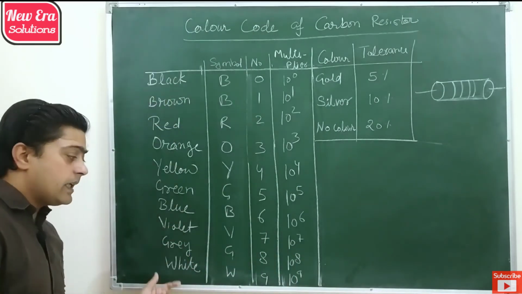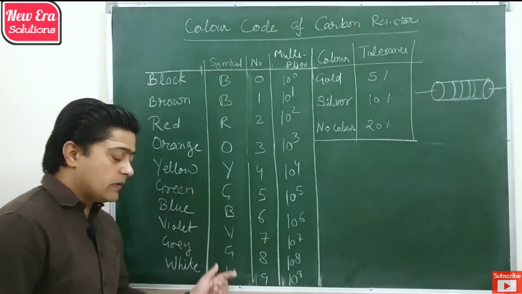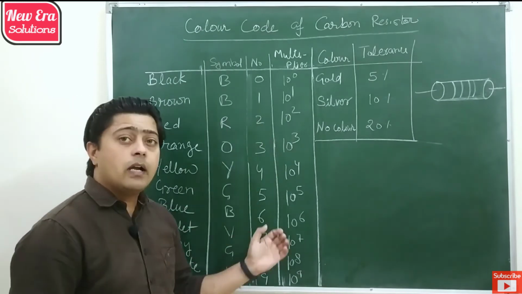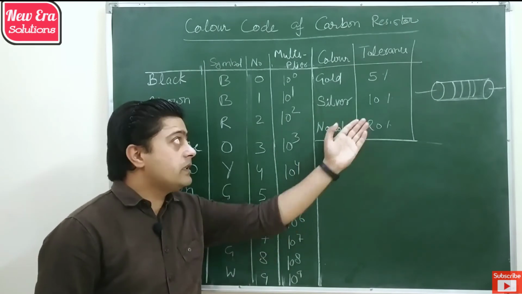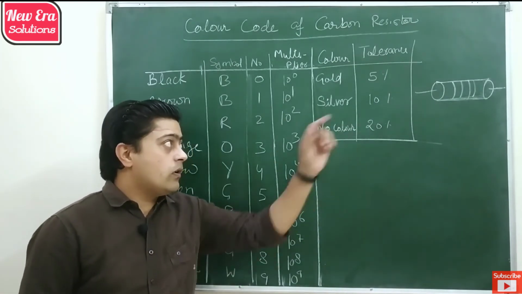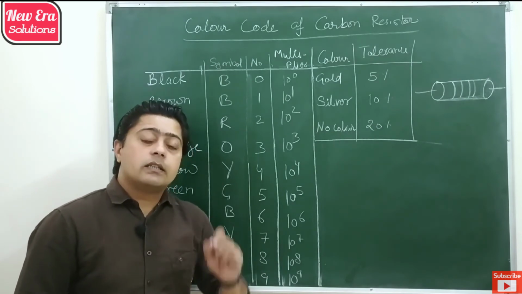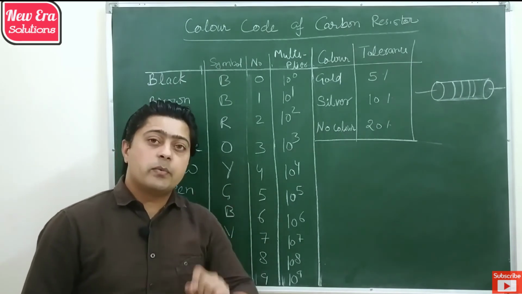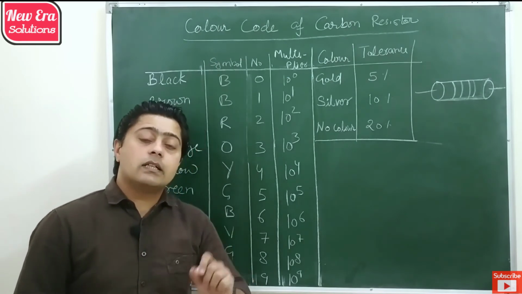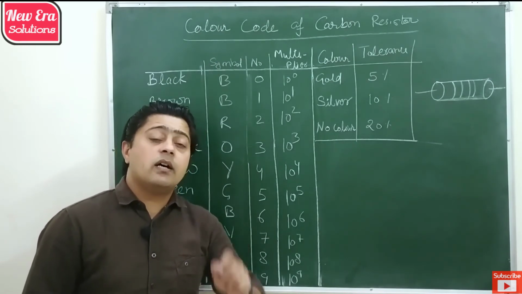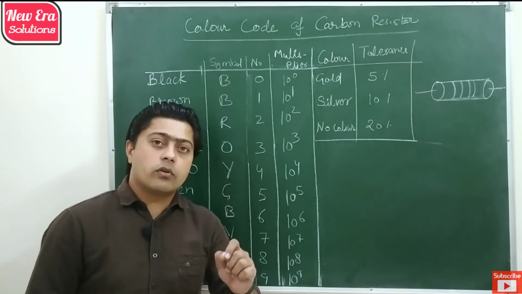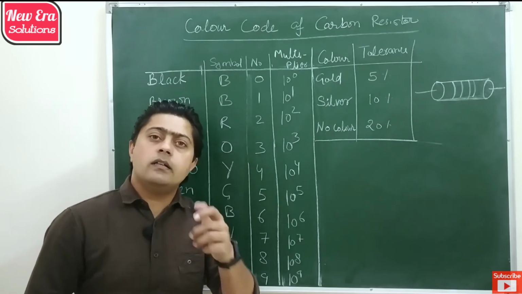So there are 10 colors with their respective symbols converted into number and multiplier, and then there are 3 colors with their respective tolerance, which is used to find the error. So in the color coding, the first 2 colors represent the first 2 significant figures, the third color represents the multiplier, and the fourth color represents the tolerance, or you can say the error in the resistance.